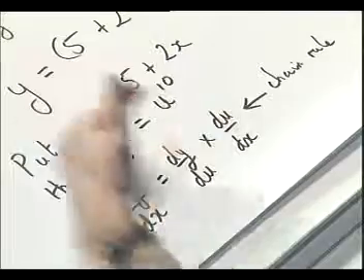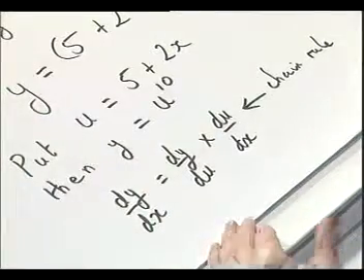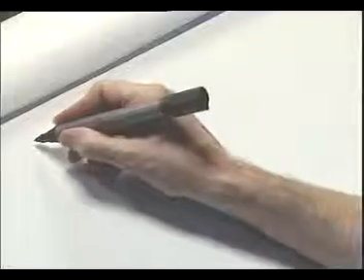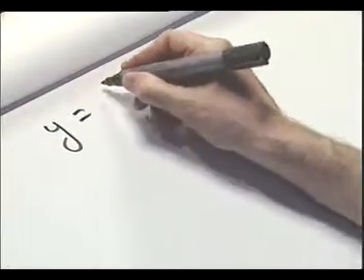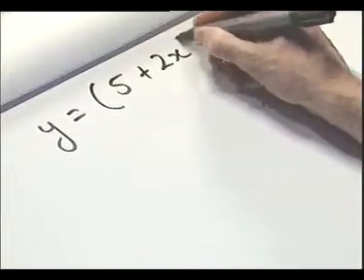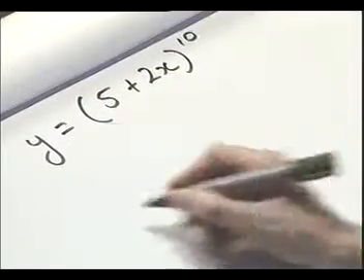So I'm going to turn the page. I'm going to virtually write this out again in order to make sure that I've got the space in which to do it. So we begin with y equals (5 plus 2x) to the power 10.